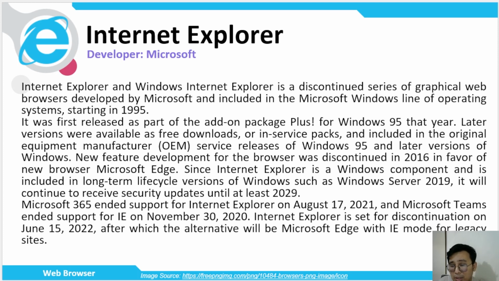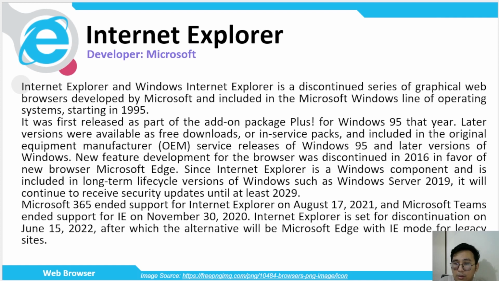As I told you before, this was developed by Microsoft, the owner of Microsoft Windows, where when we start using a new computer installed with the Windows operating system, this particular browser is the one we usually use to connect to the internet.